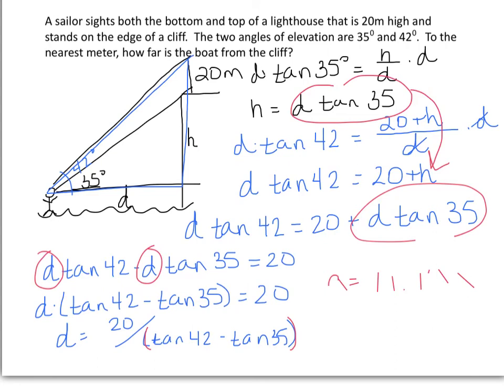Now, something I'm sure you're not used to in mathematics. On a word problem, I require you to write the sentence. So your sentence would be, the boat is 99.902 meters from the cliff.